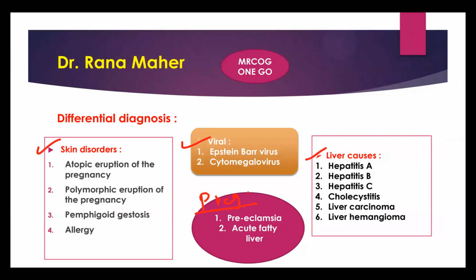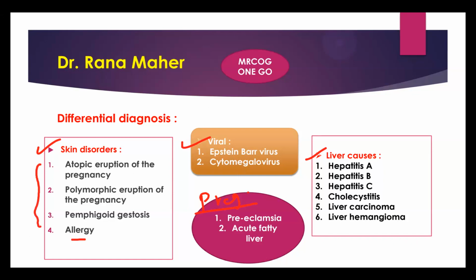For the skin disorders, it might be atopic eruption of pregnancy, polymorphic eruption of pregnancy, pemphigoid gestationis, and allergy. If you remember from part 2, we have a very famous table regarding these skin disorders, including intrahepatic cholestasis. Intrahepatic cholestasis has no skin lesions, and here we have skin lesions.